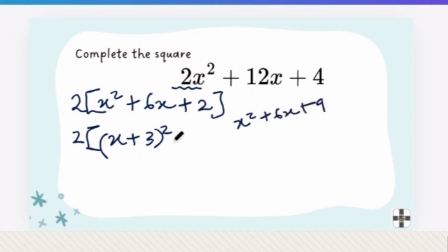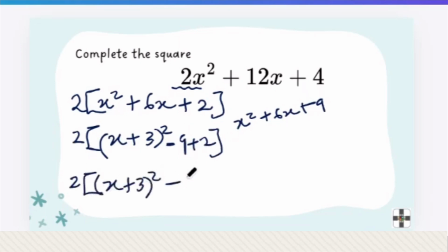We're just going to bring that in as minus 9 plus 2. So then we will have 2 times x plus 3 squared minus 7. And if we take care of the brackets, we use the 2 to multiply the term inside the bracket. Then we will have 2 times x plus 3 squared minus 14.